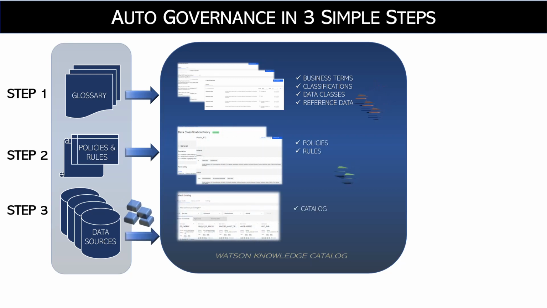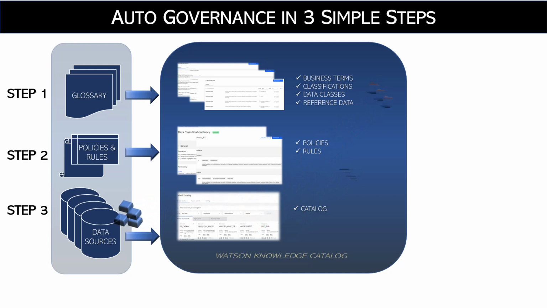Once these two are done, in step 3, the system will automatically extract the physical metadata of the tables and the hosts and the columns, and then harvest that technical metadata and ingest it into the system. And while it does that, it will map it automatically to the business glossary that we have uploaded in the previous step.